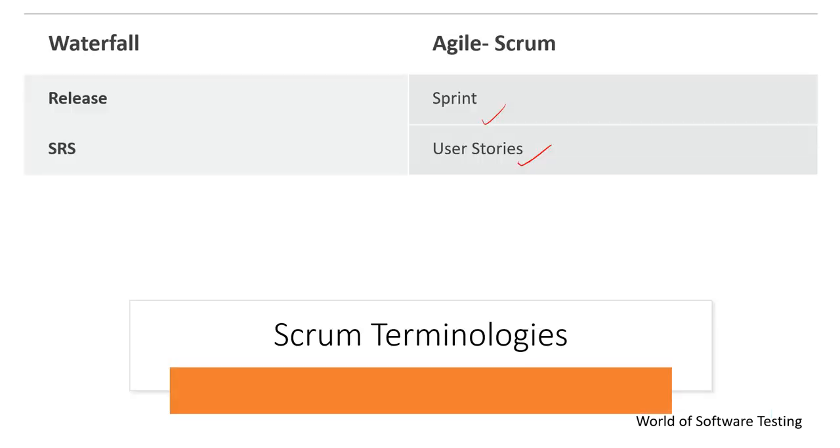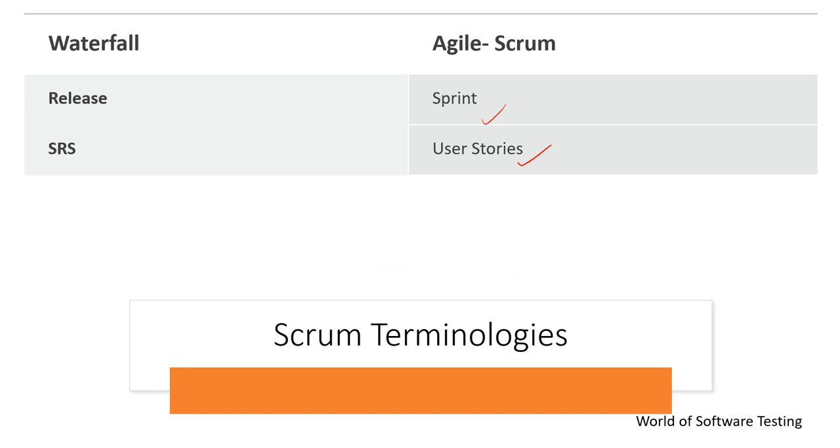Before going further, let's understand what user stories are here. A user story means a feature or a module in the software. A user story is a very high level definition of the requirement containing just enough information so that the developers can produce a reasonable estimate of the effort to implement it.